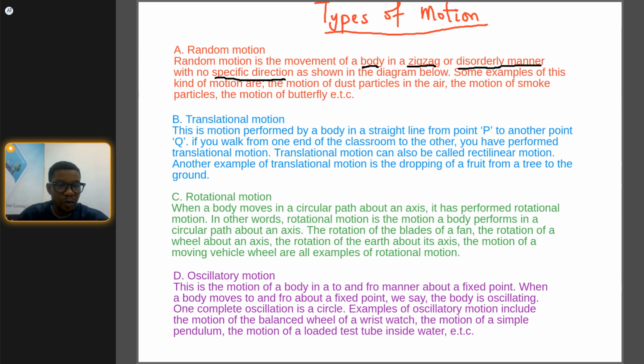All right, so let's look at this. We are going to look at the diagram, and both of us are going to agree that it has no specific direction.